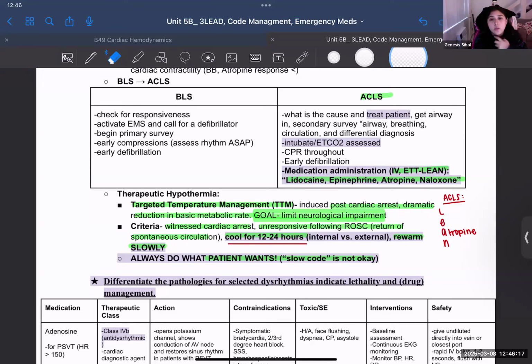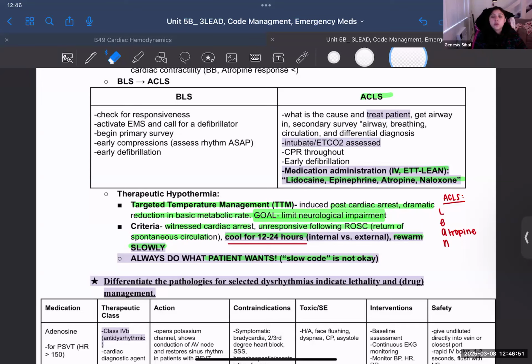In ACLS, they will ask you what the H's and T's are because you're looking at the cause of the issue. You still do CPR, you still do defibrillation, but you're also putting them on pads and reading their rhythm, just like you would with an AED. It's a little bit different, but you would defib them if they're in VTAC. There are so many other things you can do, kind of following the SCREAM acronym for some of these rhythms. So ACLS is just more advanced.